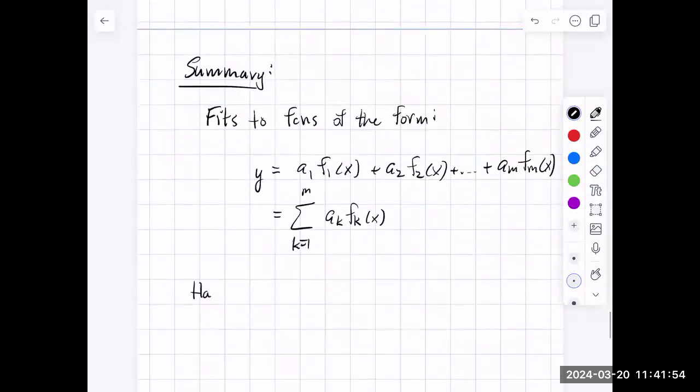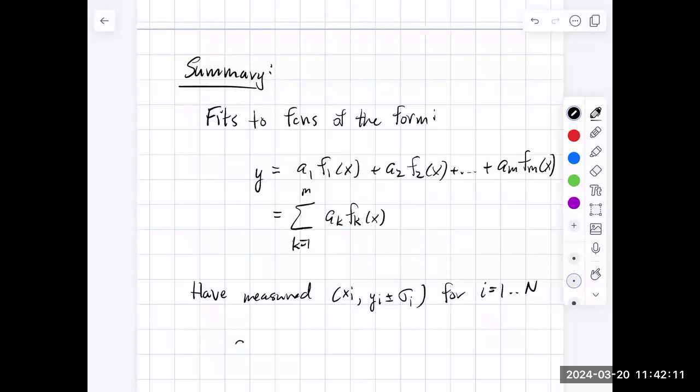So we have measured xi versus yi plus or minus sigma i for i equals 1 to n.